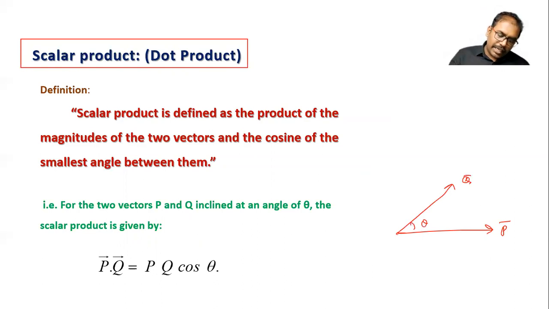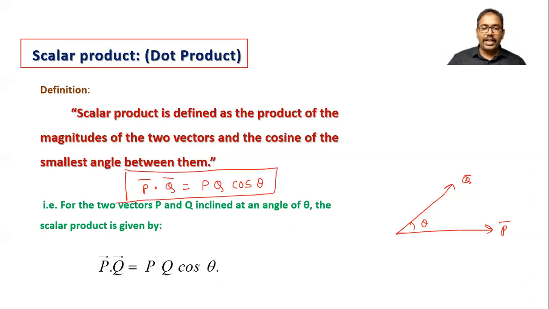Then the scalar product of p and q we can write as p bar dot q bar, and it is equal to p into q into cos theta. Here p is the magnitude of p bar, q is the magnitude of vector q bar, and cos theta is the cosine of the angle between them. We are considering the smallest angle.